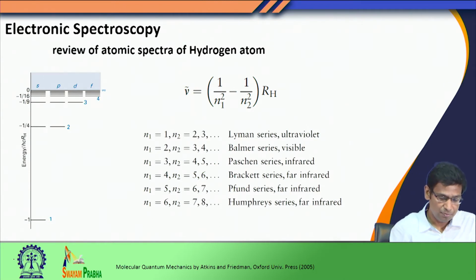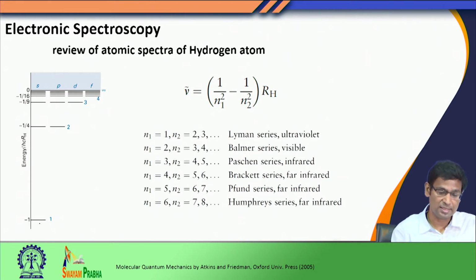If you remember, after solving the Schrodinger equation of the hydrogen atom, which is a one-electron problem, we saw that the energy levels are quantized with quantum number n. The lowest value of n is 1, and corresponding to the quantum number n, which we call the principal quantum number, we also have azimuthal quantum numbers L going from 0 to n minus 1.